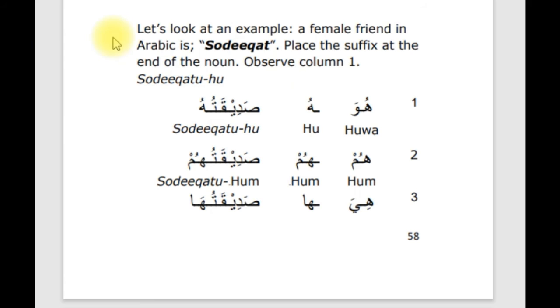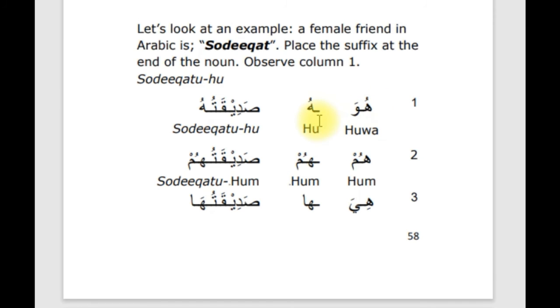Let's look at an example. A female friend in Arabic is sadiqat. Place the suffix at the end of the noun. Observe column 1. Column 1 is a separated pronoun. Column 2 is a possessive pronoun. Sadiqatu is a female noun, and here we need to insert the possessive pronouns. Let's move on.